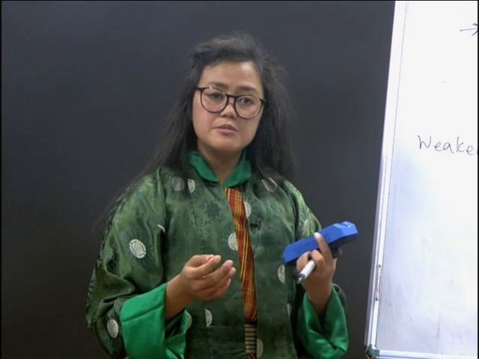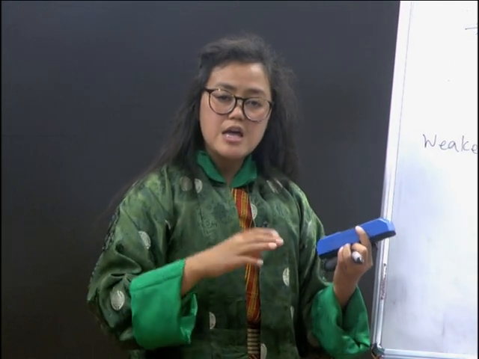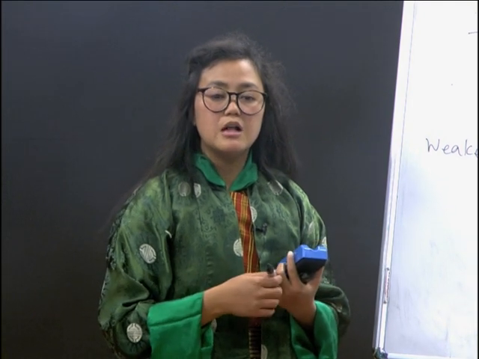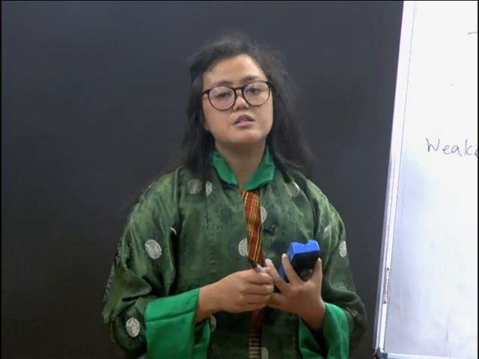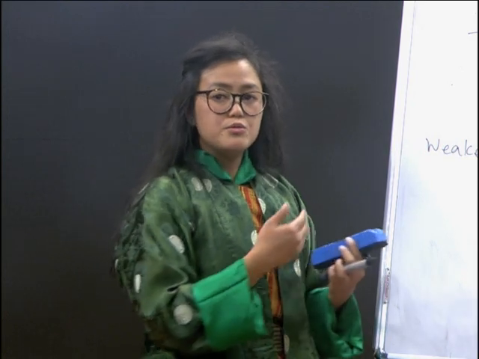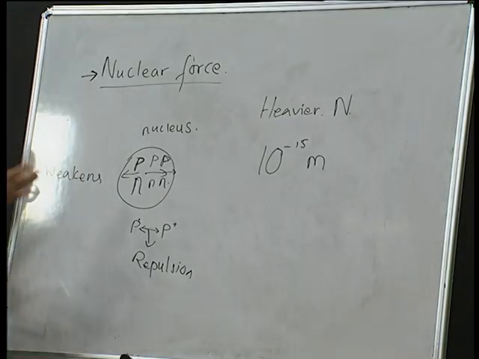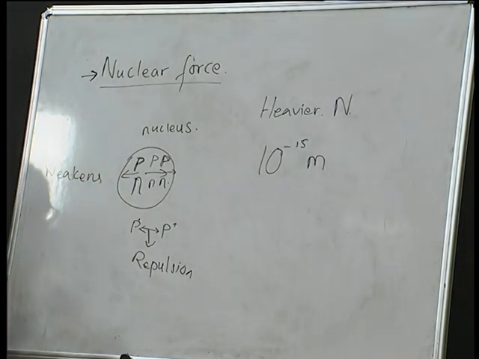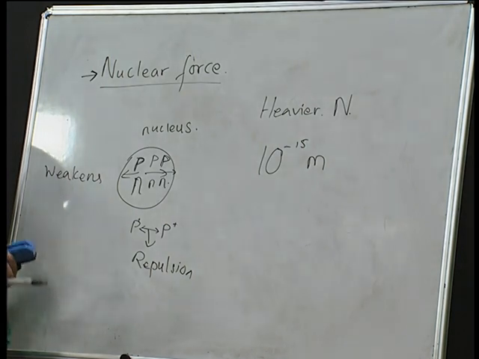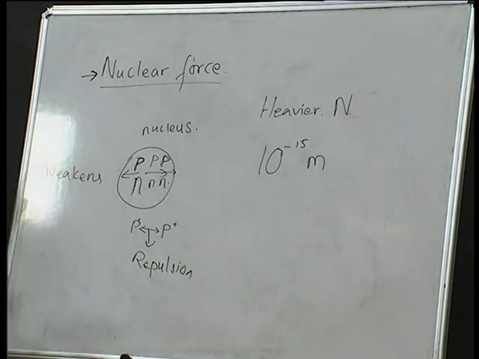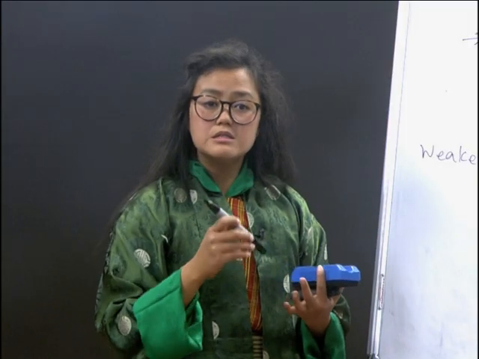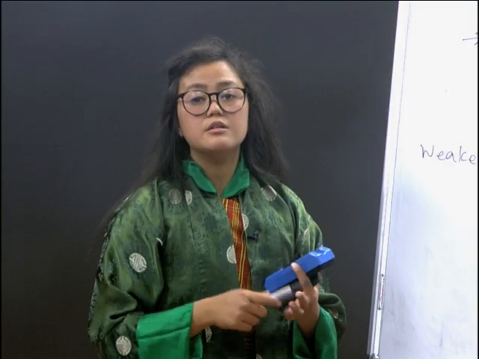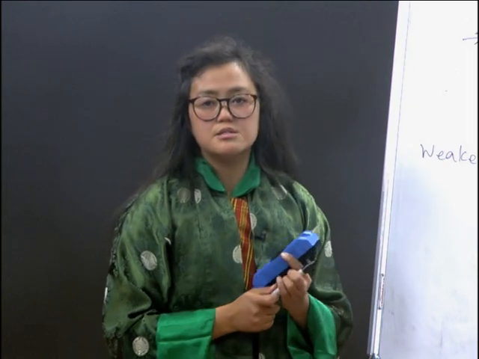Radioactivity means substance A is disintegrating into substance B by emitting alpha, beta particles and gamma rays. So, this has a very important role, but the limitation is only up to a certain distance, 10 to the power minus 15 meter. Once it goes beyond this, it will not be able to hold the particles together. So, when it's not able to hold the particles together, this is when the disintegration takes place.